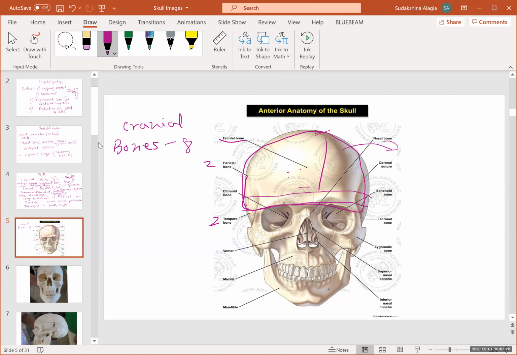Then occipital, on the posterior end, we'll look at that in a second. And then there are sphenoid and ethmoid, which are only visible through the orbit or when you are looking at the interior of the cranium. Frontal, parietal, occipital, temporal, sphenoid, ethmoid.